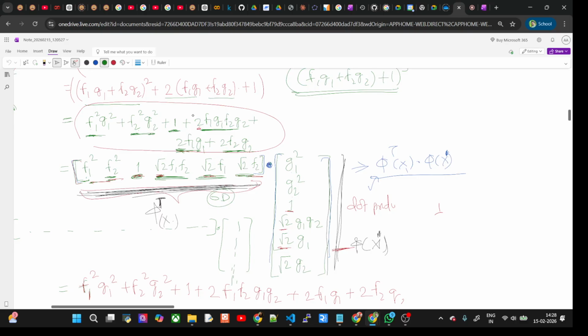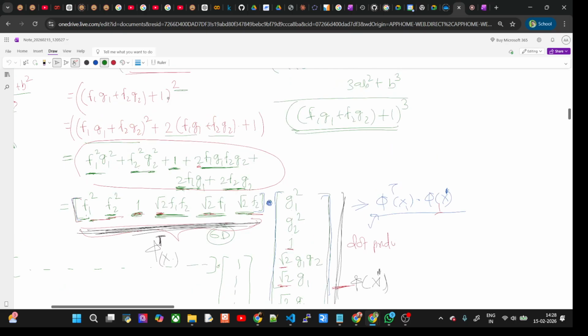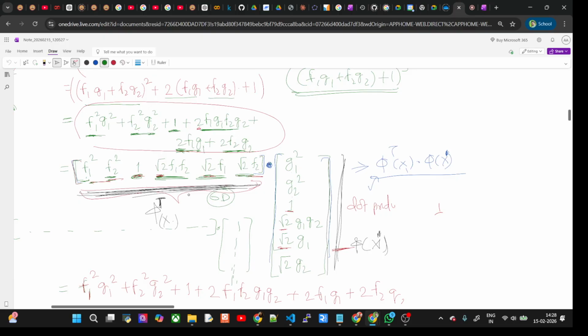You just solved this equation, a plus b whole square, and you found that these are nothing but the dot product of f1 and g1, these functions, dot product of these two values, correct? You got the expression f1 square g1 square plus f2 square, which is nothing but the dot product of two. So you said that this is a valid function.